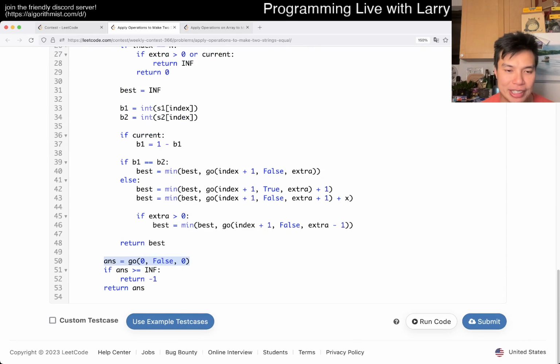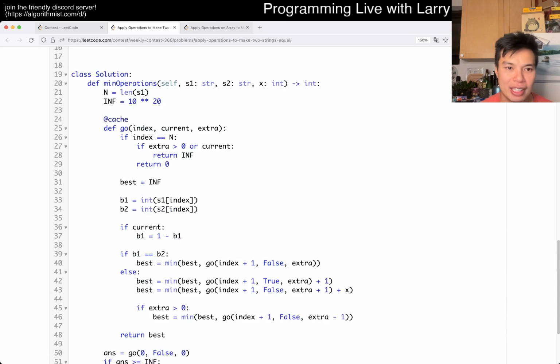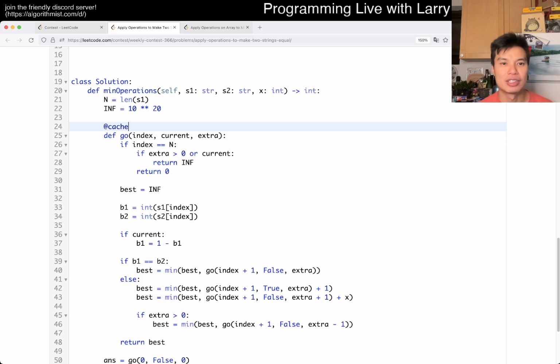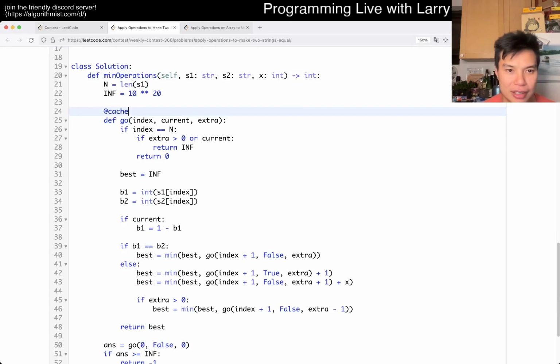So in the beginning, we just start with index 0, no carry bit, and we don't land anything in the future. Of course, if it's infinity, return -1. Otherwise, you have this thing, right? So we'll go over it line by line just to annotate this. This means that there are no characters left.